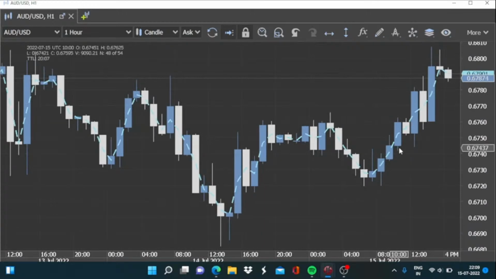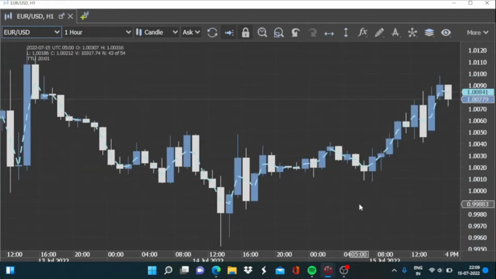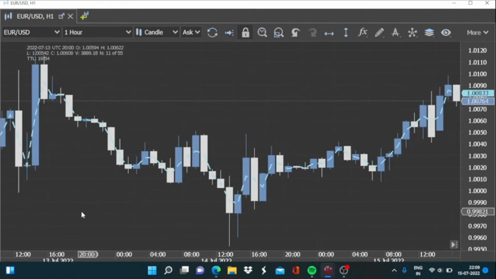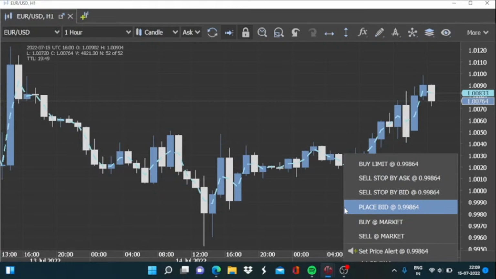This is the AUD/USD chart, and for ease of use, I will change it to Euro USD, which is the most commonly used forex pair in the currency trading. It is the most liquid and has least spread, so the cost of trade also comes down when we trade with the Euro USD. Okay, so that's the benefit of trading with the Euro USD.